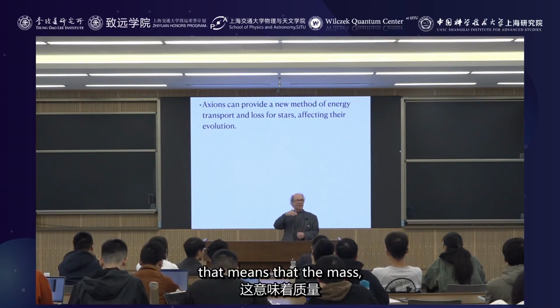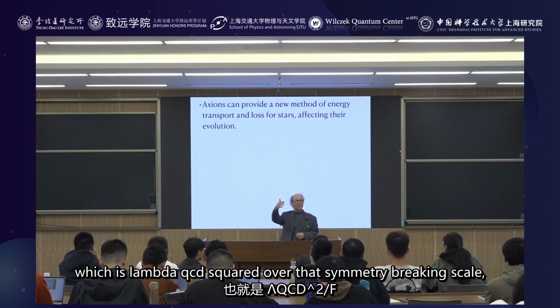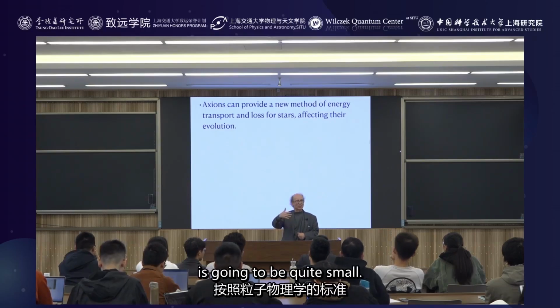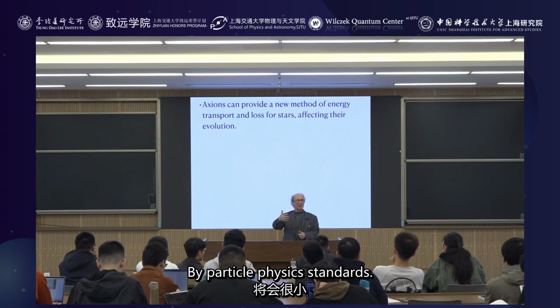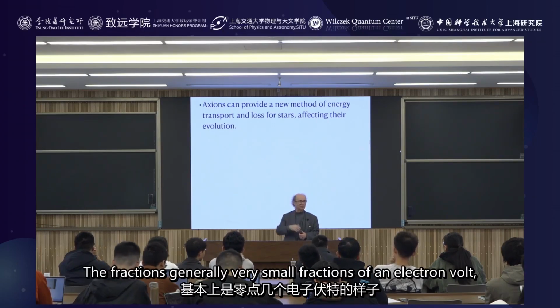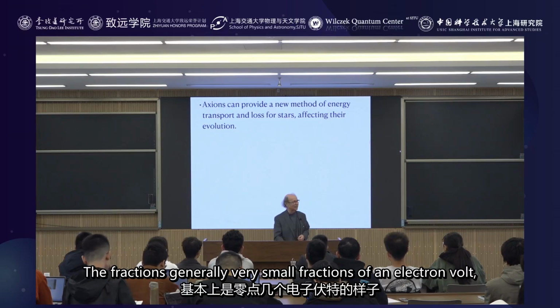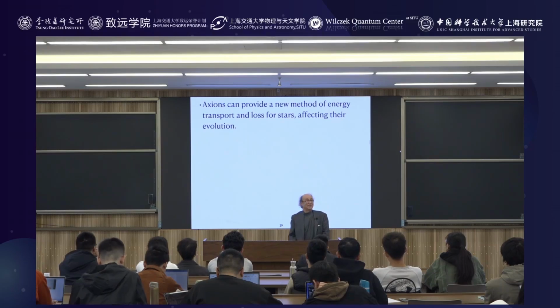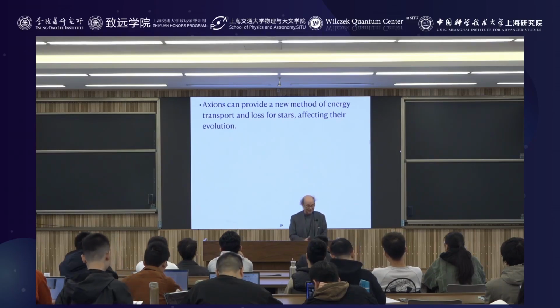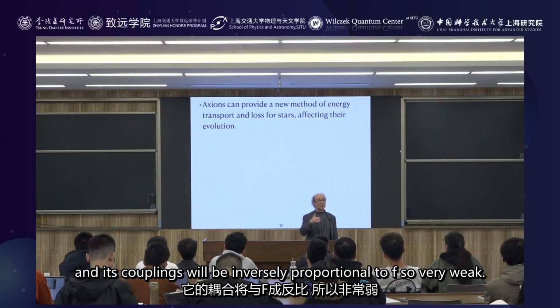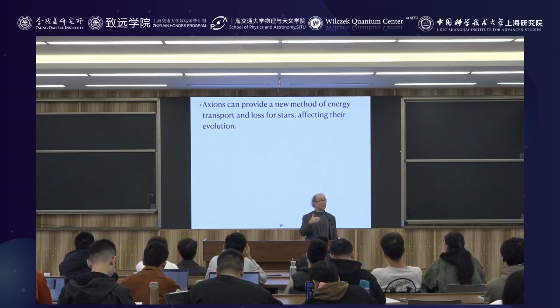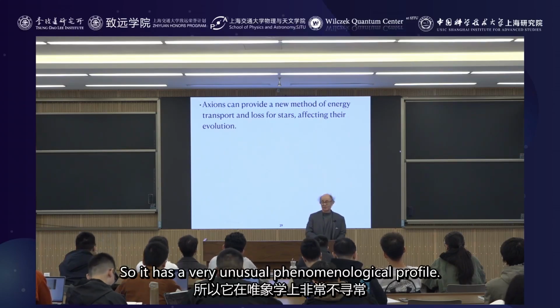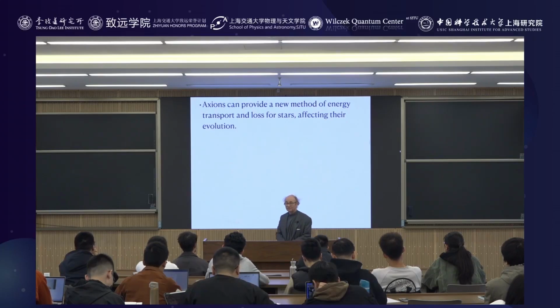That means that the mass, which is lambda QCD squared over that symmetry breaking scale, is going to be quite small by particle physics standards, generally very small fractions of an electron volt. And its couplings will be inversely proportional to F, so very weak. So it has a very unusual phenomenological profile.